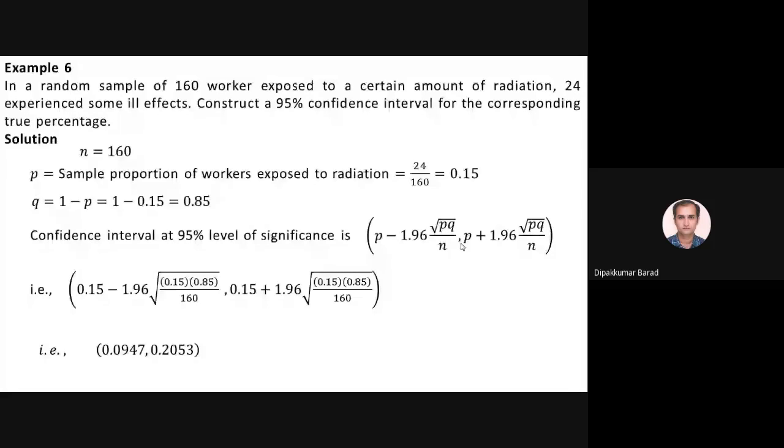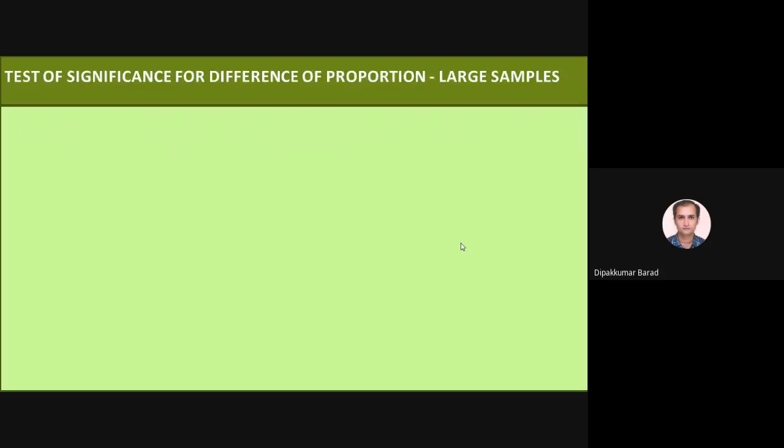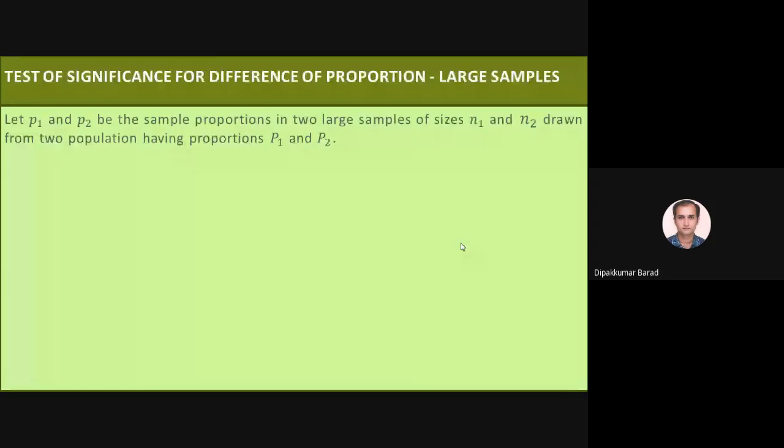So now we have completed the test of significance for a single proportion in a large sample test. Now we are moving to the test of significance for a difference of proportions for a large sample. Here instead of one proportion, we are given two different proportions, P1 and P2, for sample proportions in a large sample test, with sizes n1 and n2.